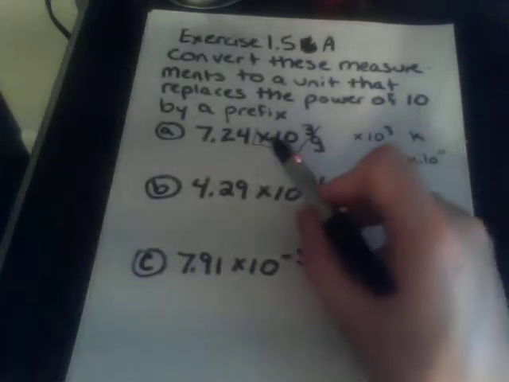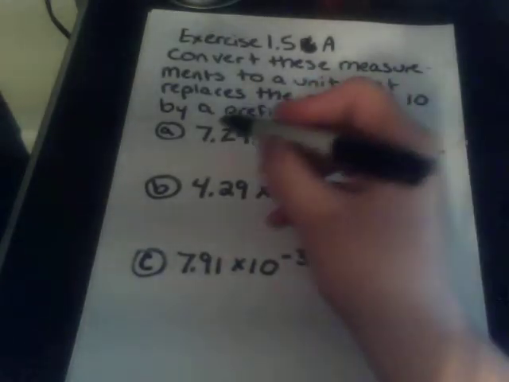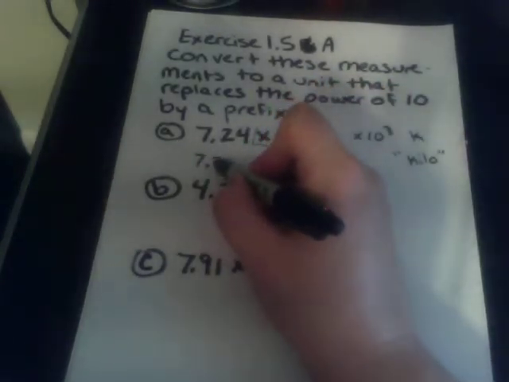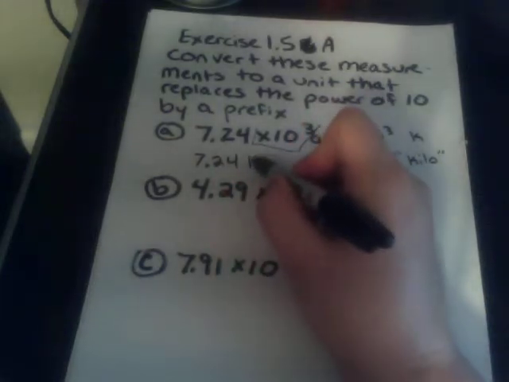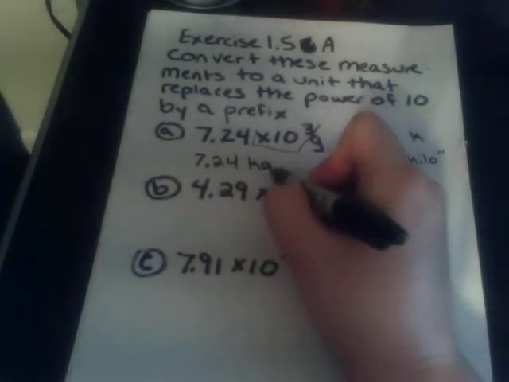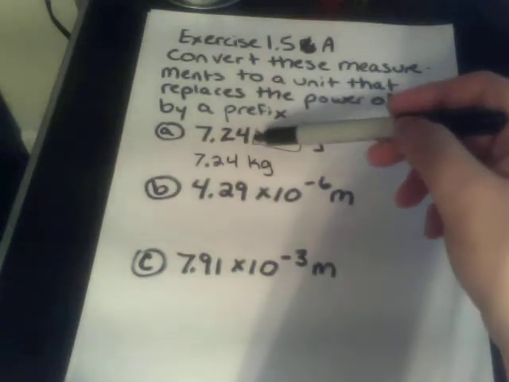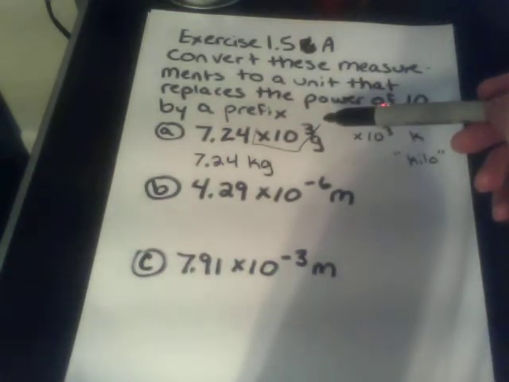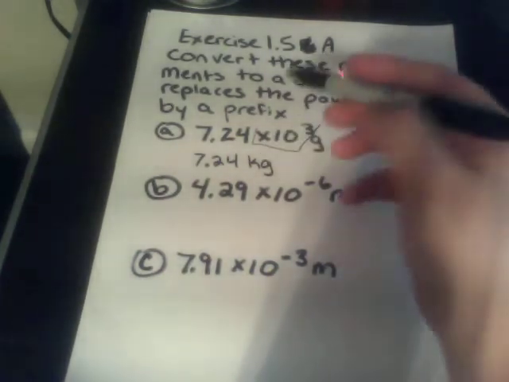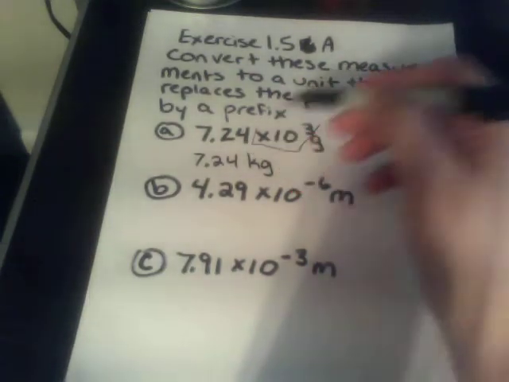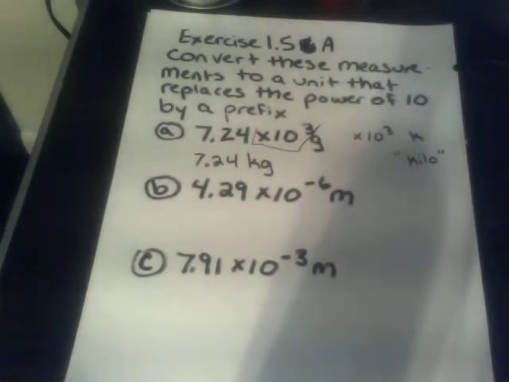So all you do is take this times 10 to the, so it's 7.24 little k grams. I kind of boxed in the part that it replaces, the lowercase k. So make that a little longer so you know for a fact it's a lowercase k.